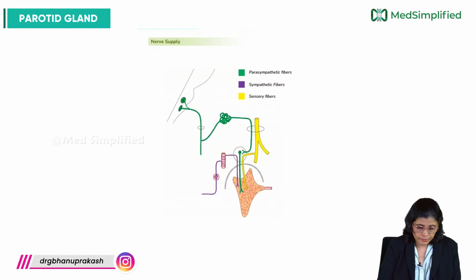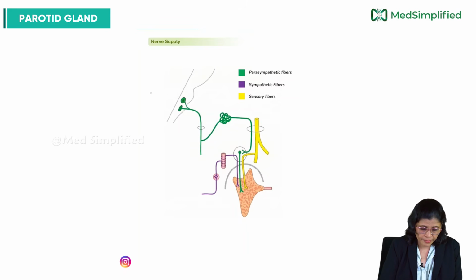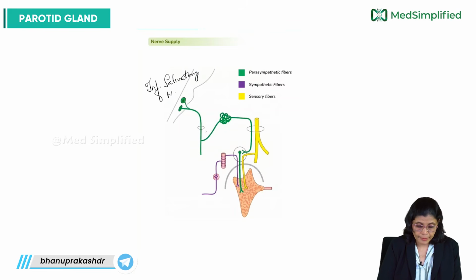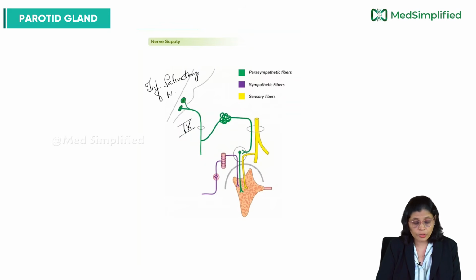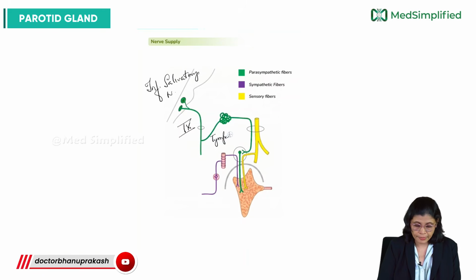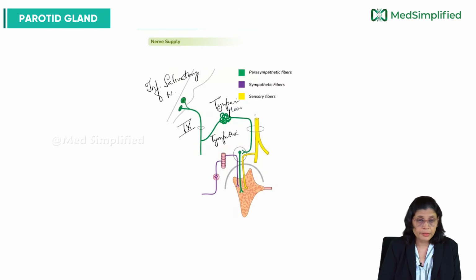Now the parasympathetic fibers, that is the preganglionic fibers, begin from the inferior salivatory nucleus. Once they begin, they pass through the 9th cranial nerve, the glossopharyngeal nerve. The glossopharyngeal nerve will give a branch, the tympanic branch. This tympanic branch will form the tympanic plexus in the middle ear, on the promontory, and from this tympanic plexus begins the lesser petrosal nerve.